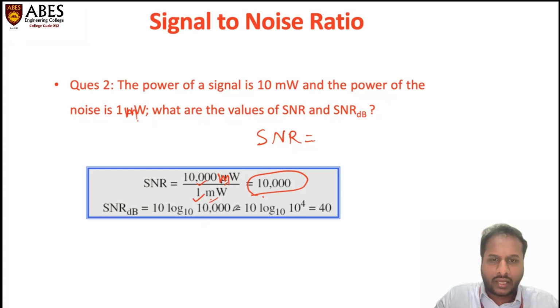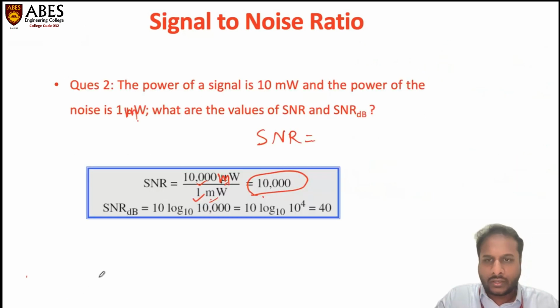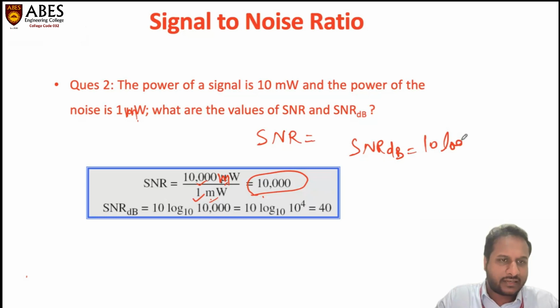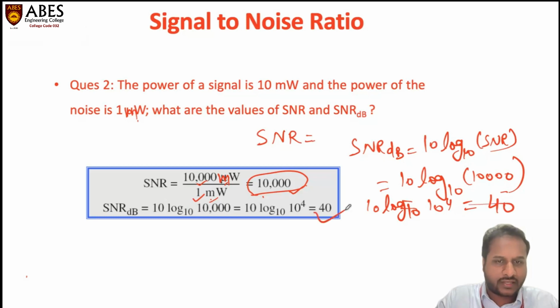So SNR dB will be equal to 10 log base 10 of SNR. Since we have counted the value of SNR as 10,000, it is 10 log base 10 of 10,000, which is 10 log base 10 of 10 to the power 4, which equals 40.